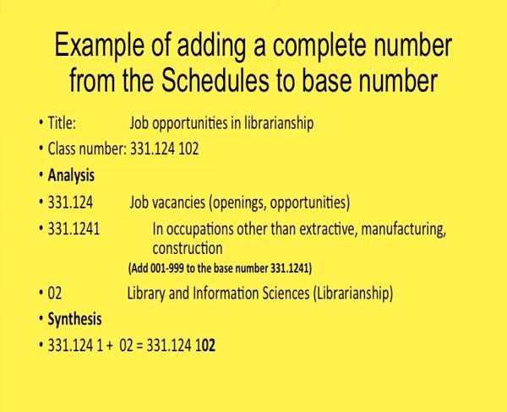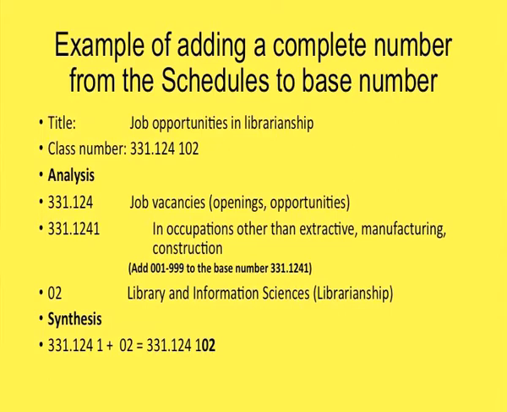Another example where a complete number is to be added: we take job opportunities in librarianship. For this, the class number is 331.124.102. But how? Now we will see how we classify this document. First of all, we find the number for job vacancies or opportunities, that is 331.124.